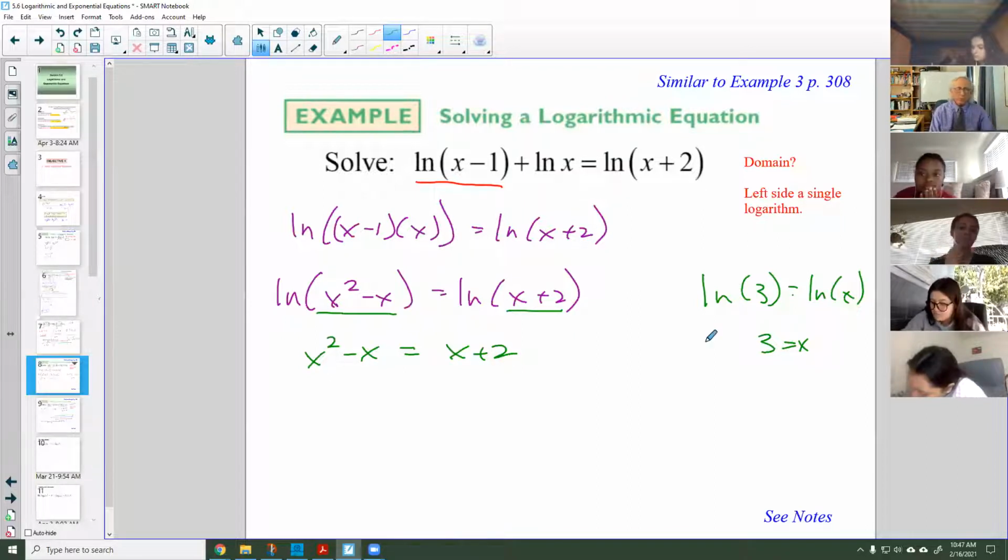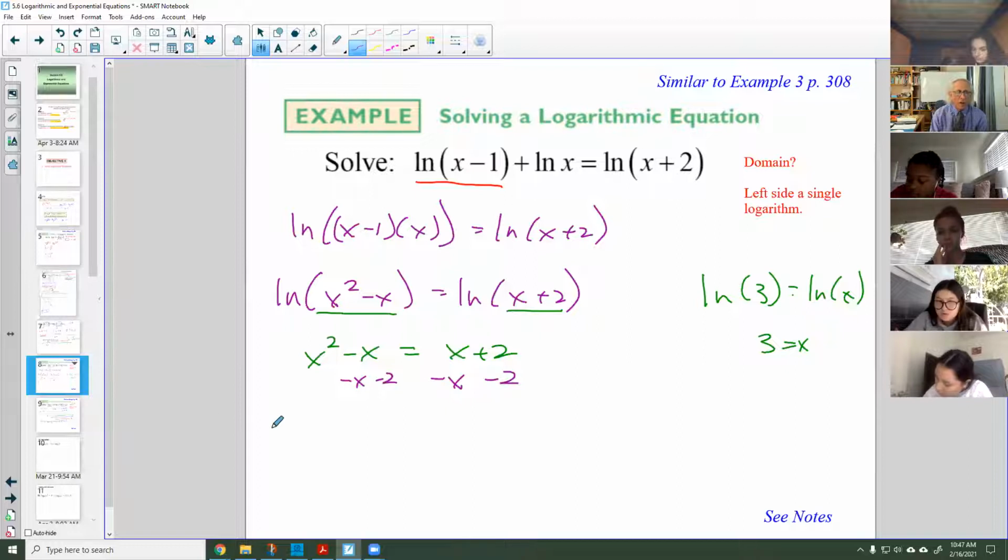All right. Well, it looks like I got another quadratic going on here. I want to get everything to one side, so I'll subtract x and I'll subtract 2 from both sides. And I get x squared minus 2x minus 2 is equal to 0.